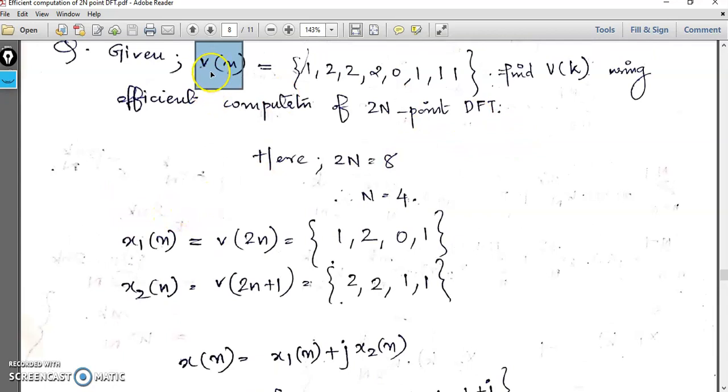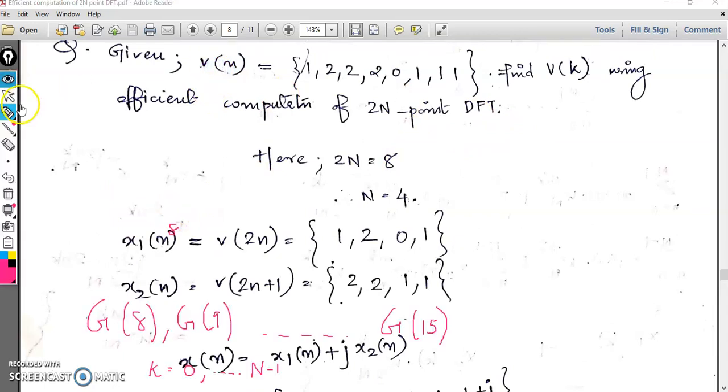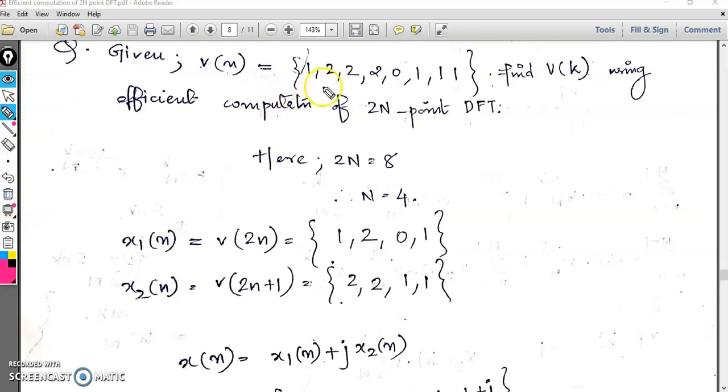The index values are 0, 1, 2, 3, 4, 5, 6 and 7.